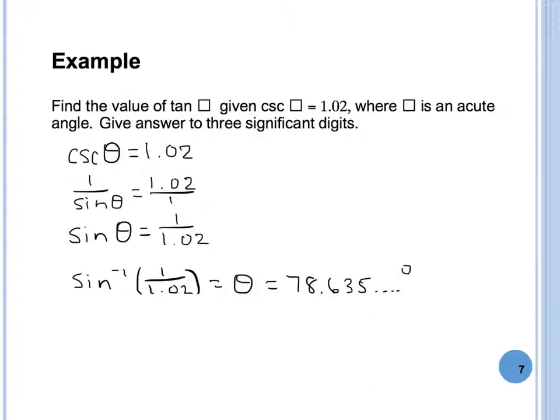It's not a pretty result, but the tangent of, say, 78.6 something is 4.98, to 3 significant digits. And so that's my final answer.